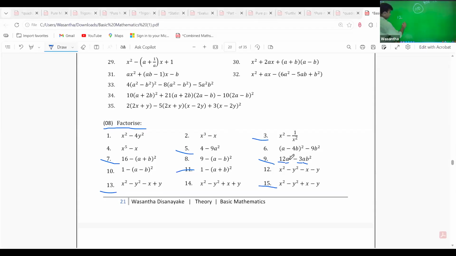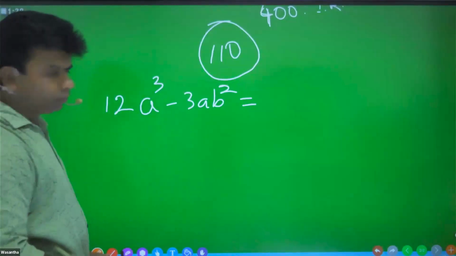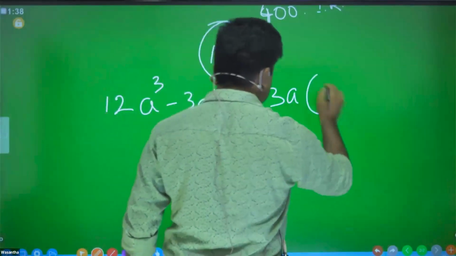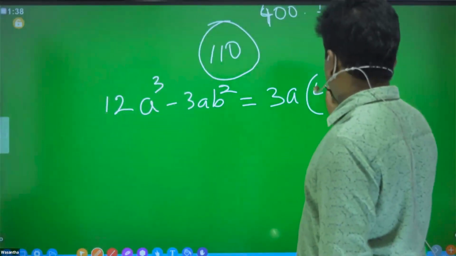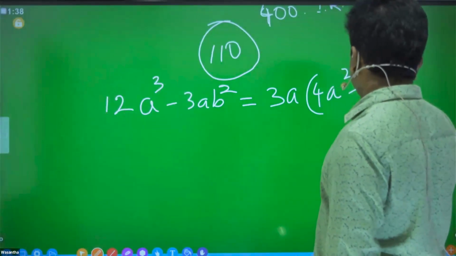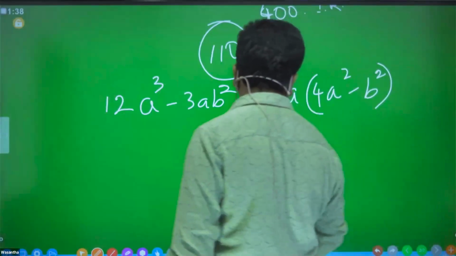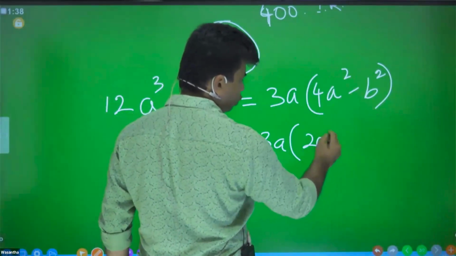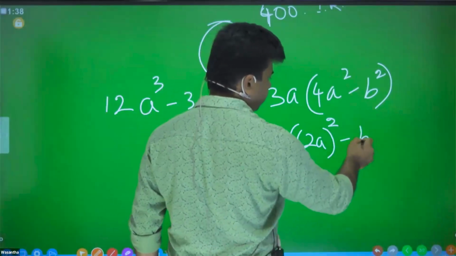So then you can write here 12a cube minus 3ab square. So that means here the common factor is actually 3 and a. The other factor is 4a squared minus b squared. So that means 3a into (2a) squared minus b squared.